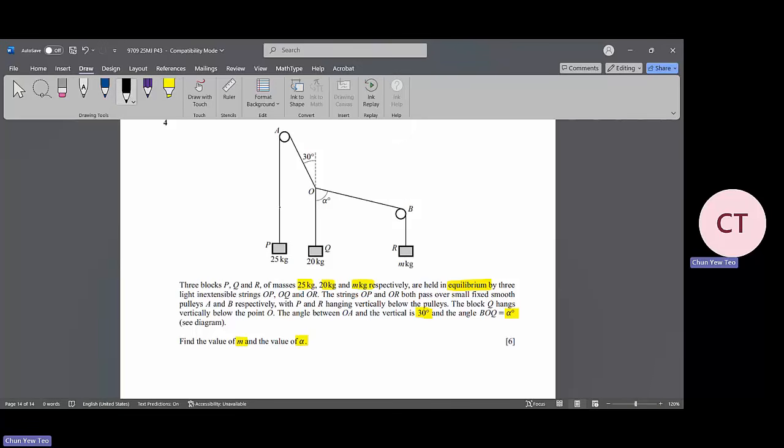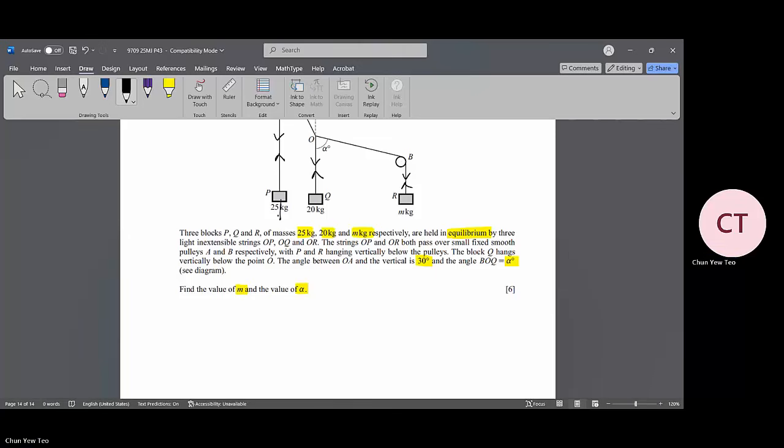Okay, so what I need to do is to have the forces diagram over here. So let me just draw it. One by one. This is the mass, this is the weight. So at P, if you resolve the forces vertically, you have TP is equal to 250 Newton.